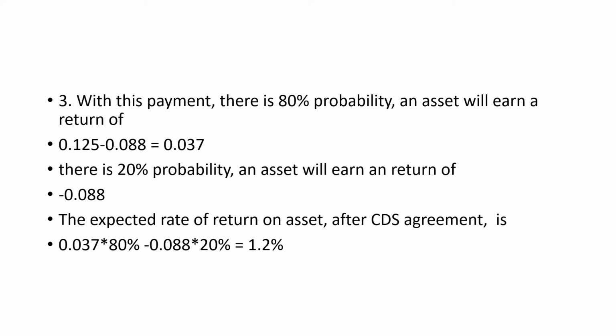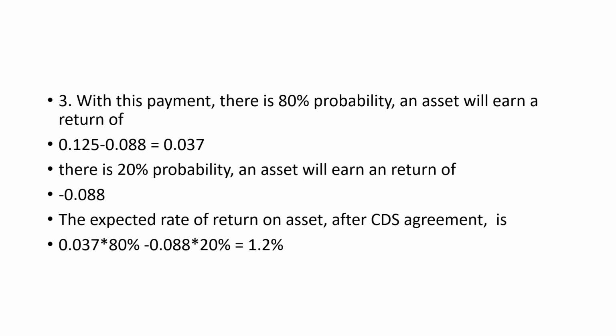The expected rate of return on assets after CDS agreement is 0.037 times 80% probability minus 0.088 times 20% probability.